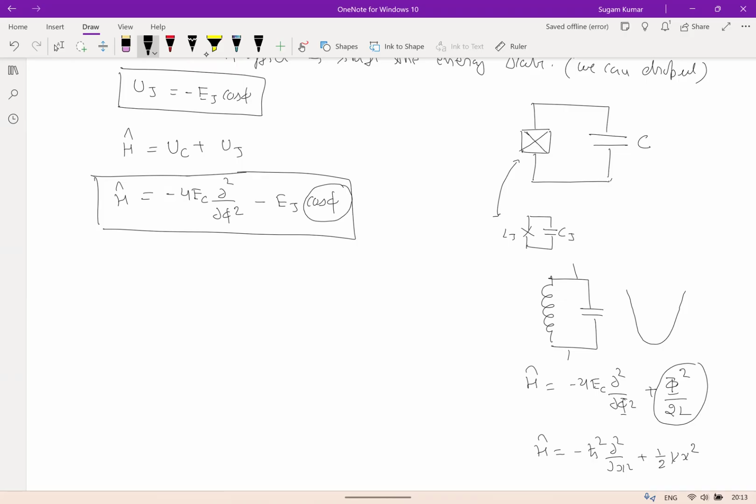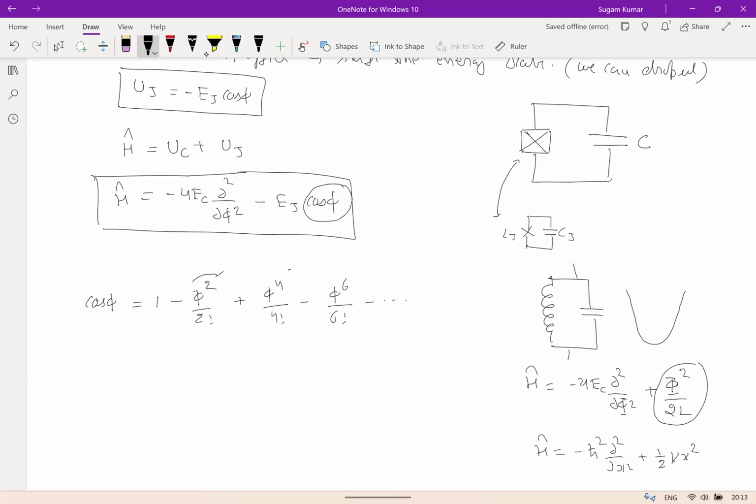And if you look at the cos phi, when you do a Taylor expansion, how can I write it down? Cos phi equals 1 minus phi square by 2 factorial plus phi 4 by 4 factorial, then phi 6, and so on. You can see that all the components are there, correct?